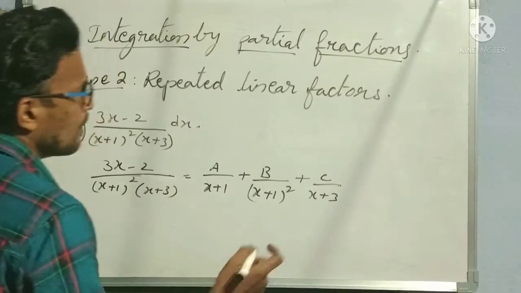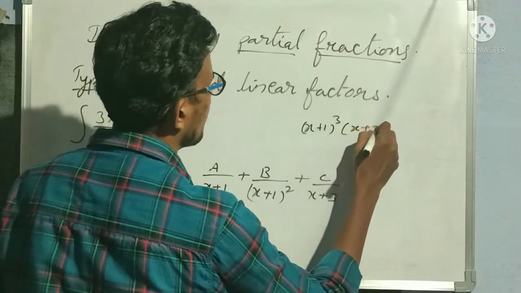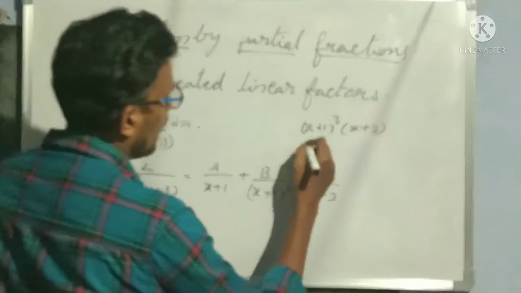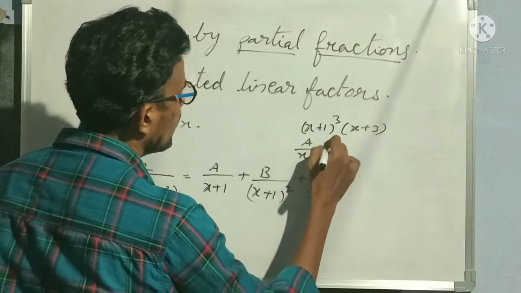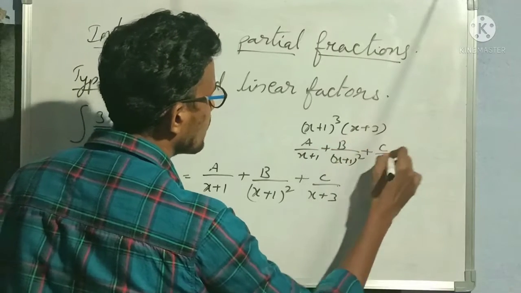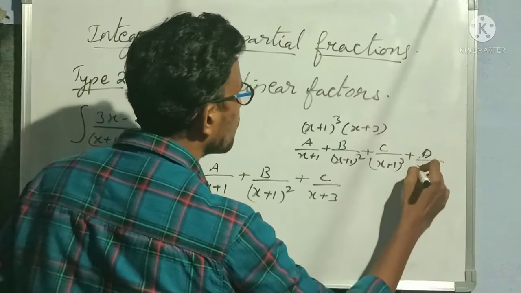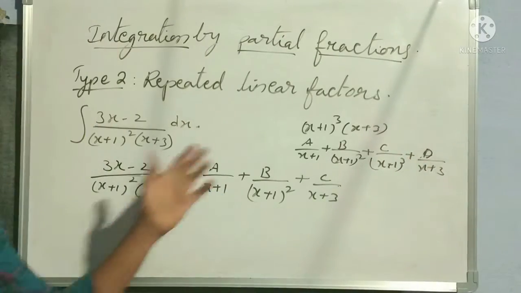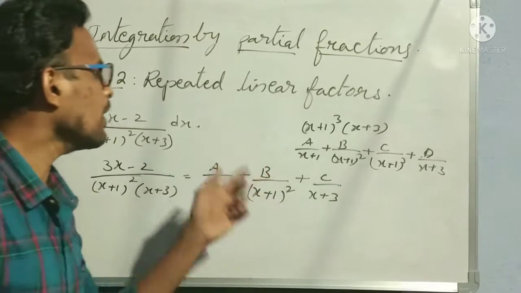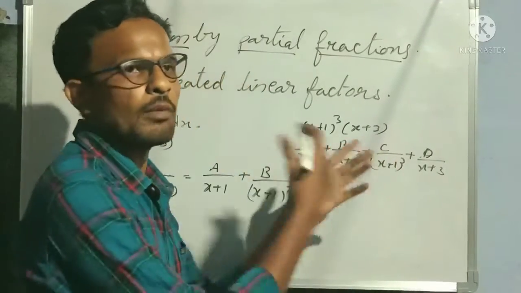Understood? Suppose one more is there: (x plus 1) whole cube into (x plus 3). Then how do we write? A by (x plus 1) plus B by (x plus 1) whole square plus C by (x plus 1) whole cube plus D by (x plus 3). Like this we have to split. Depending on the number of times the linear factor is repeated, we have to take an increasing number of constants.